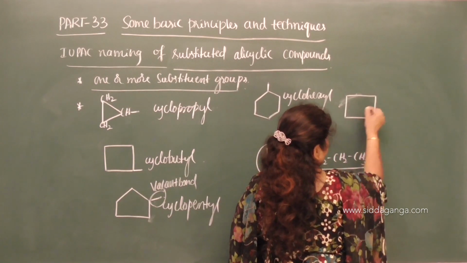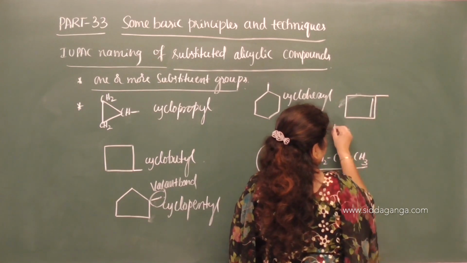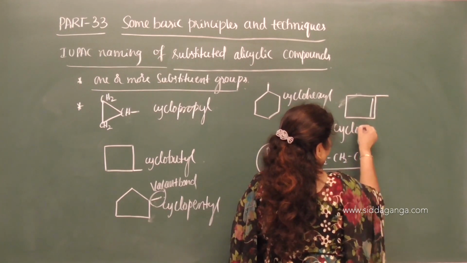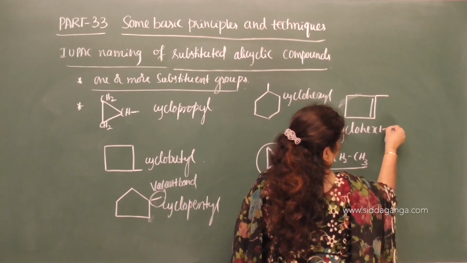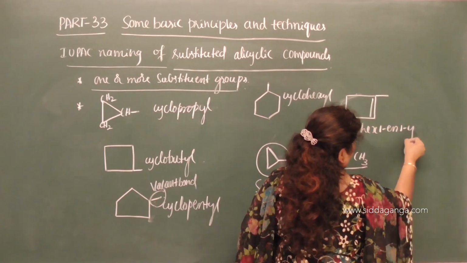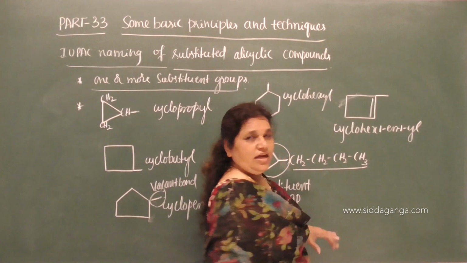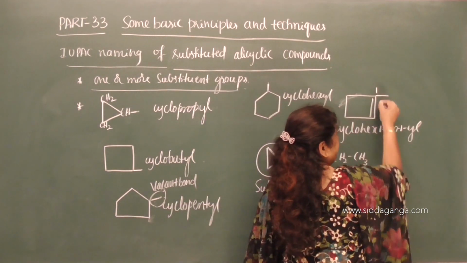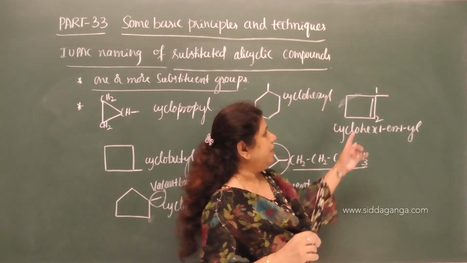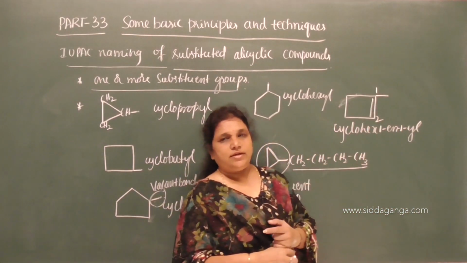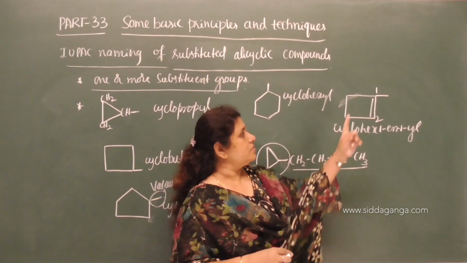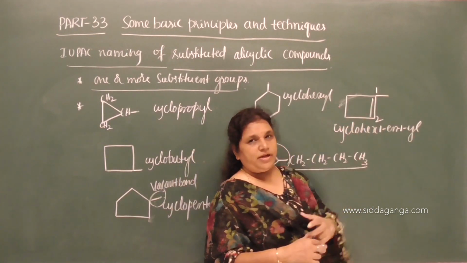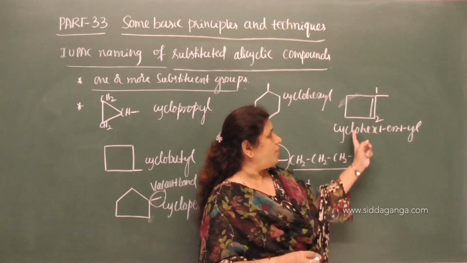Now what about this? Consider the bond here, cyclohex-1-en-1-yl. Why is it 1-en-1-yl? Because the double bond is between the first and second carbon and the vacant bond is also at the first carbon. The vacant bond is at the first carbon, and the double bond is also at the first carbon.